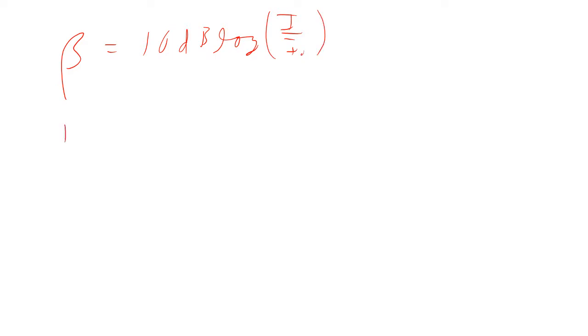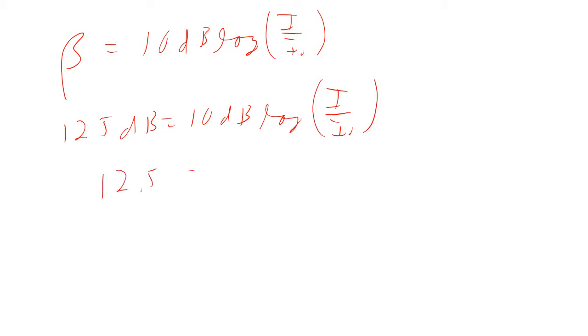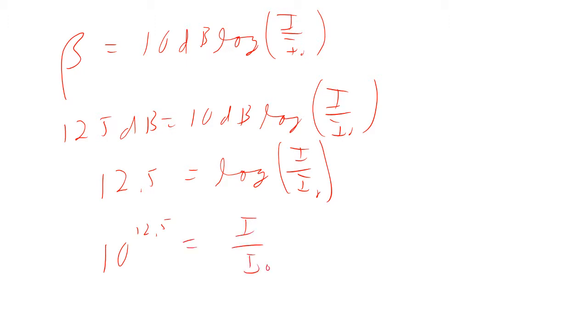So 125 decibels equals 10 decibels log I over I naught, so that's 12.5 equals log I over I naught. To get rid of the log, take 10 to the power. So 10 to the 12.5 is I over I naught, so I is 10 to the 12.5 times I naught.